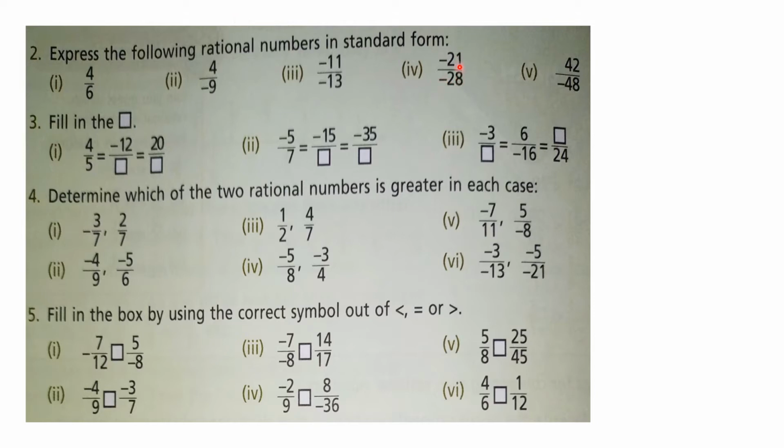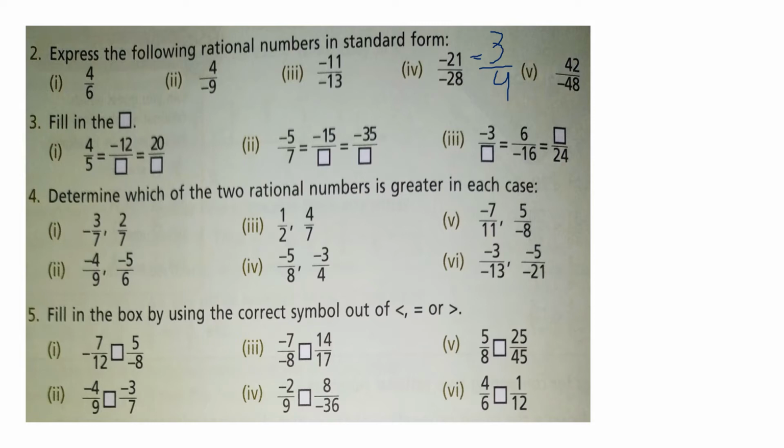Yes, 7 can divide 21 and 28 both. So what will be the standard form of this fraction? If we divide this fraction by 7, in the numerator we will get 3 and in the denominator we will get 4, because 7 3s are 21 and 7 4s are 28, and minus minus is plus.